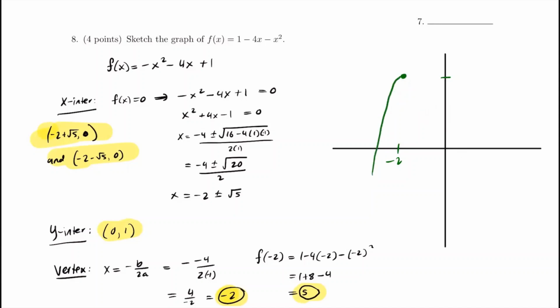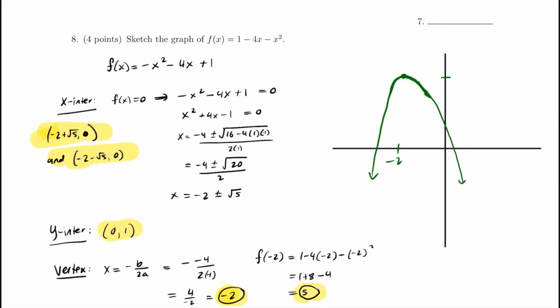Here's one half, here's the other half. So something like this will be our parabola, not the best graph, but hopefully it's convincing to you.